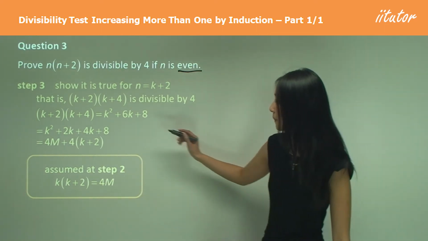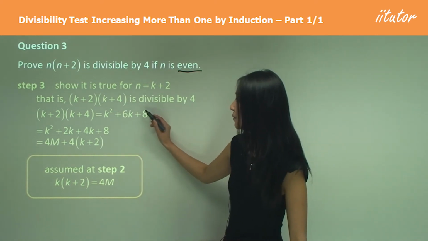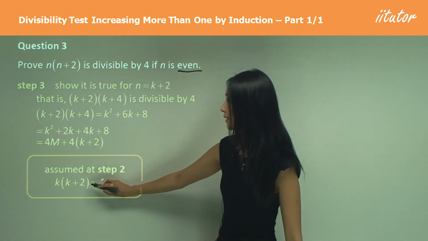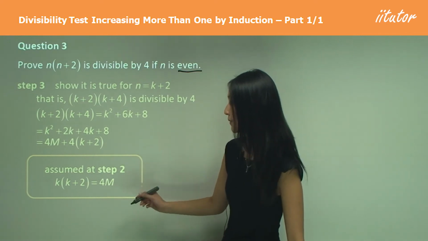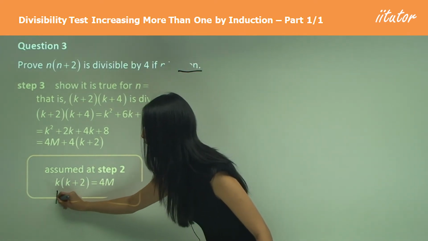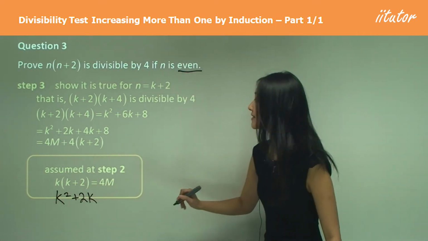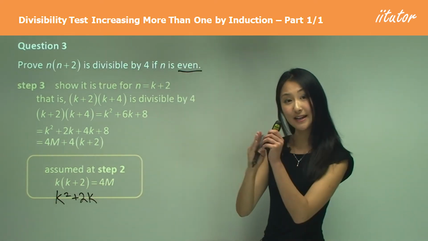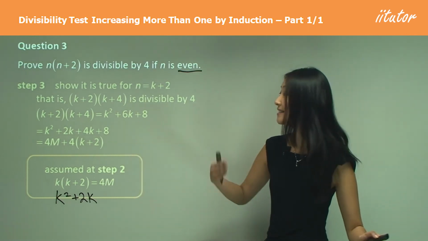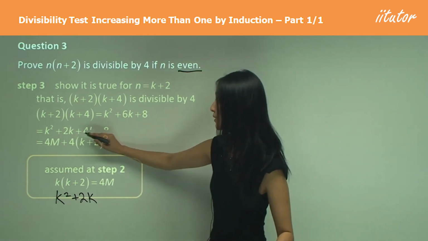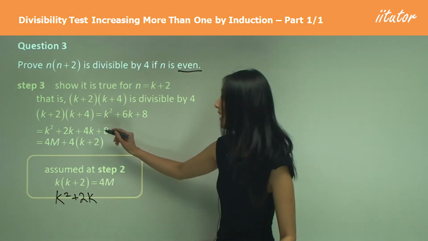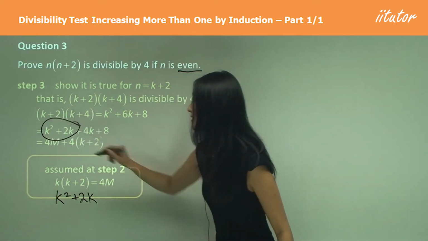Looking at that, k times k plus 2, when you expand it, is k squared plus 2k. So you can see that we do have this here, but we need to separate the 6k into 2k and 4k.